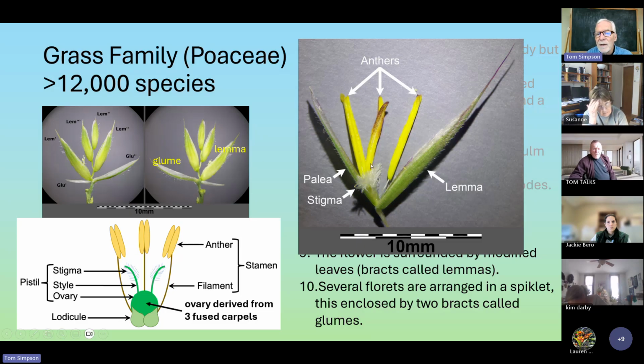There you see the stigma of the flower. They surround and enclose the flower when it's developing, and then they come apart. They allow the anthers to exert and disperse pollen and the stigma to receive pollen. This is windborne pollen, so it doesn't require insect pollination in this case.